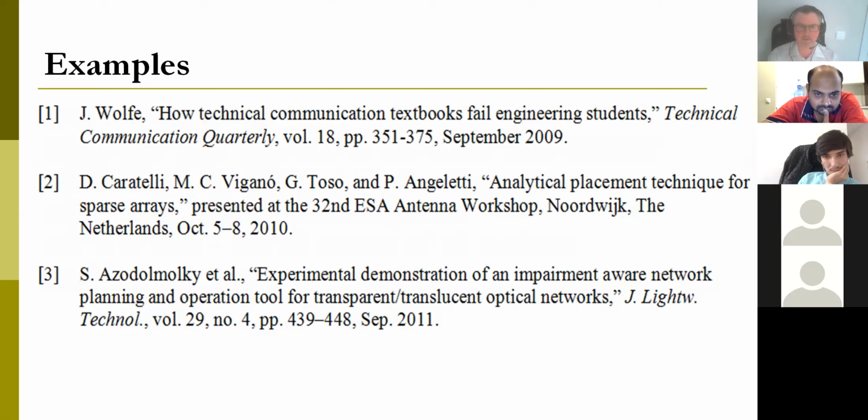Since most of you are familiar with that, I'm not going to dwell too much on that. I just want you to draw some attention to source number 1, Technical Communication Quarterly. Please compare it to source number 3.